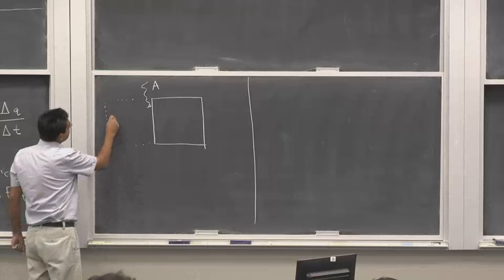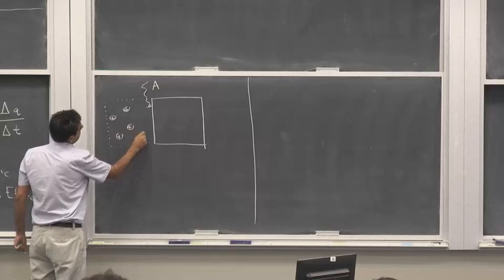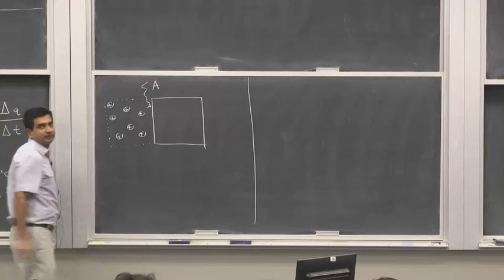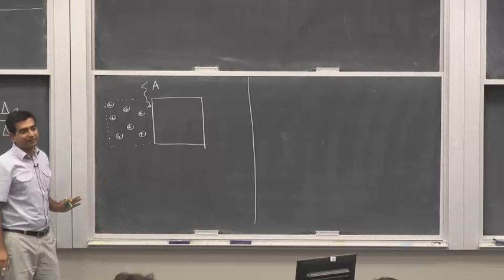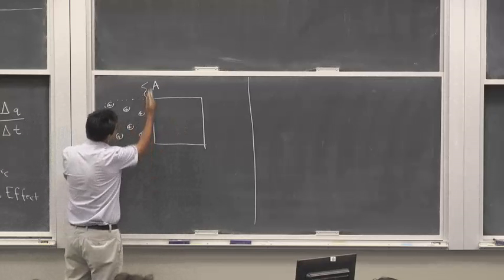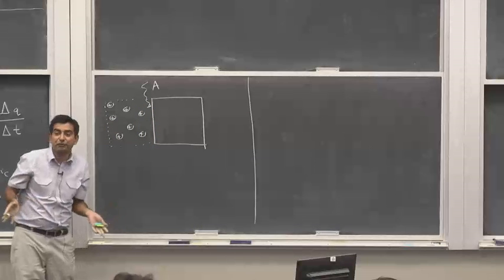Now there are charge carriers here. Now how many of these charge carriers will cross this area per unit time? I know how many of them are there per unit volume.